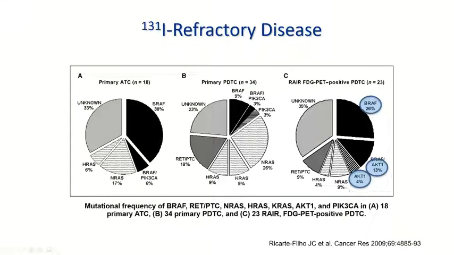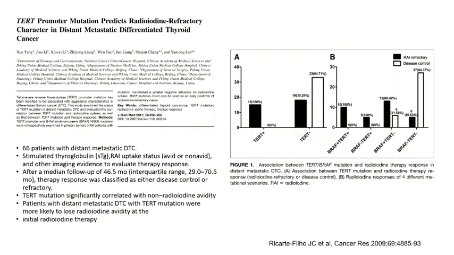You see, this study was performed before other secondary late hits such as TERT mutations had been discovered. So how does the TERT mutation, which occurs in 5 to 10% of papillary and follicular carcinomas, affect the sensitivity to radioactive iodine treatment? There are several studies for now.